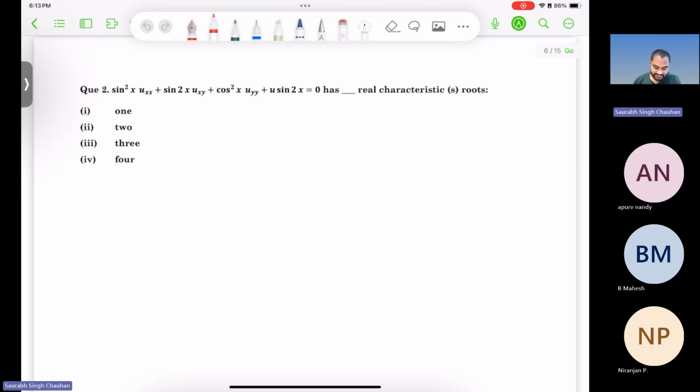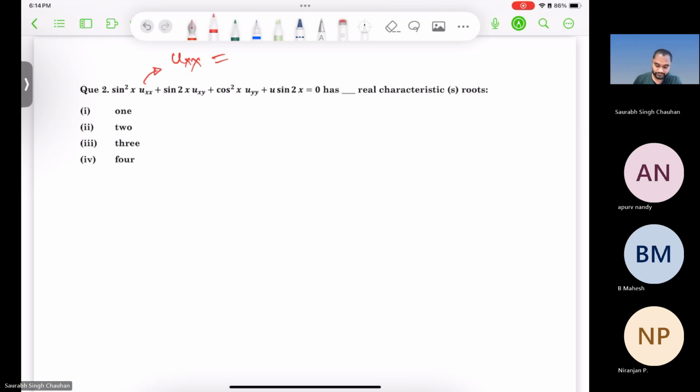So question number 2 says there is some equation, and it is asking how many real characteristic roots this equation has. I hope you are familiar with this notation. For example, if uxx is written, it means you are taking the partial derivative with respect to x twice.